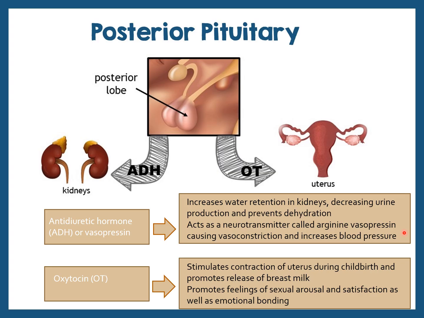And then it will also stimulate labor contractions during childbirth and that flow of milk during lactation. It also is what is thought to promote that emotional bonding between a mother and an infant, or a father and a child. When they are holding that child, it promotes that emotional bonding.